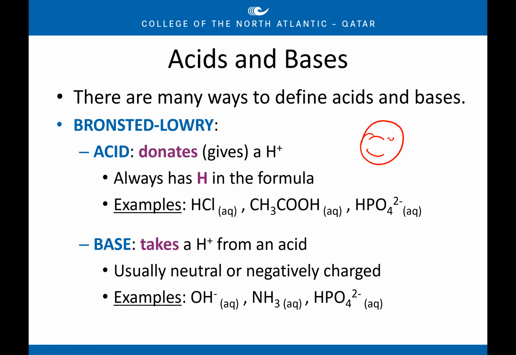So, Bronsted-Lowry, the two independent scientists, came up with this definition for an acid and a base. And this is probably the best first-year chemistry definition for an acid and a base that I can give you. Acids donate a proton.